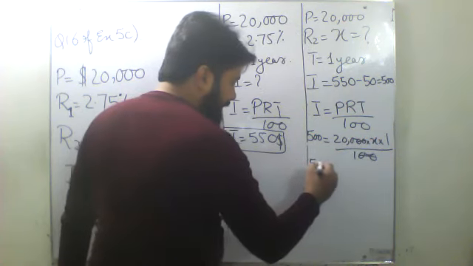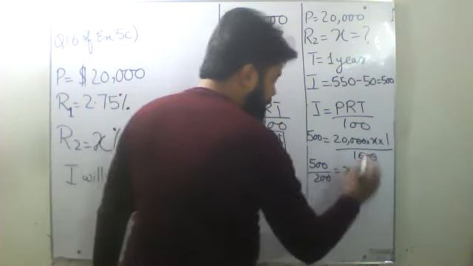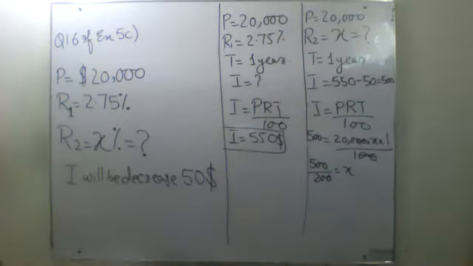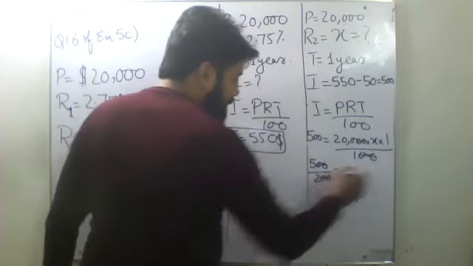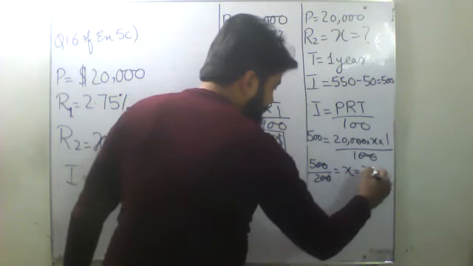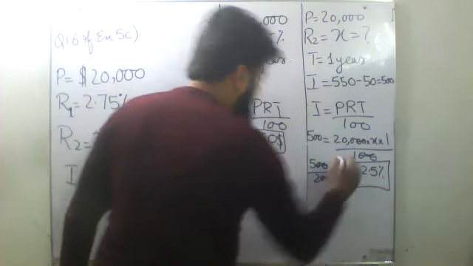So 500 divided by 200 equals X. Both zeros will be cancelled. 5 divided by 2 will be 2.5%. It means first the rate was 2.75% and now it has decreased to 2.5%. That's why I am going to get a $50 decrease in my interest amount.